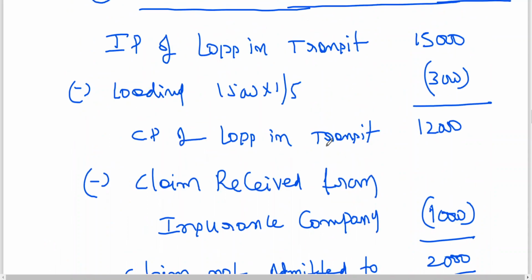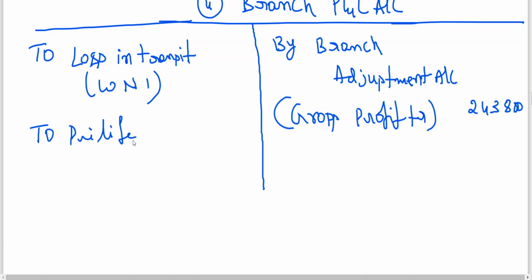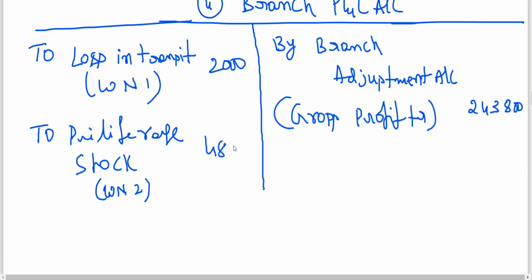So now these two things will be taken to branch P&L account. Loss in transit, working notes number 1, and pilferage, working notes number 2. Working notes 1, 2,000 we got, and here 4,800.